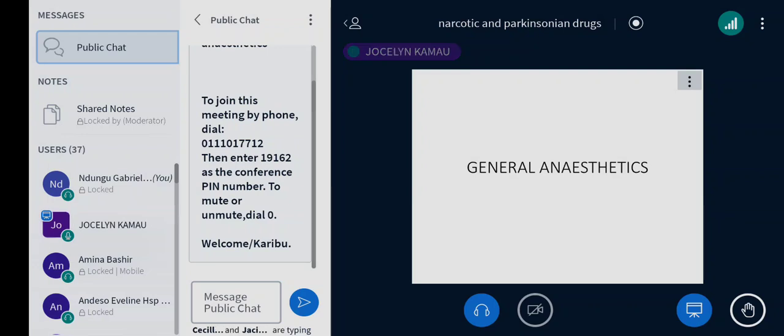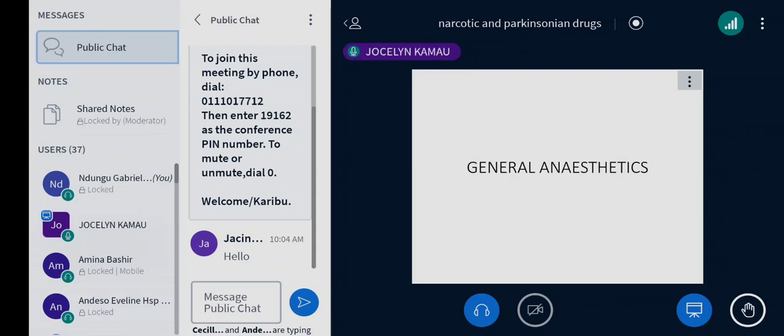How many are we supposed to be? We are supposed to be around 536. Oh, that 536. Yeah, the class is not very huge. I think even the third years are almost the same number. All right.